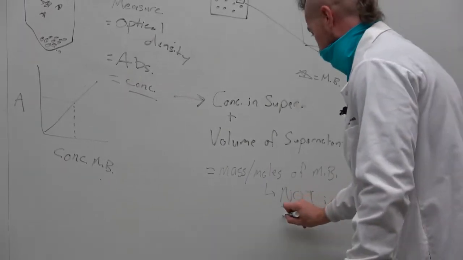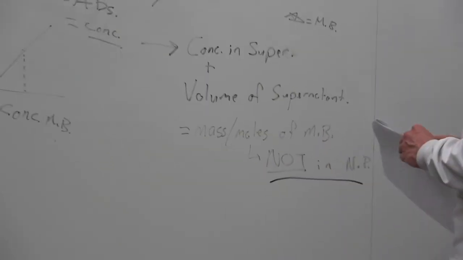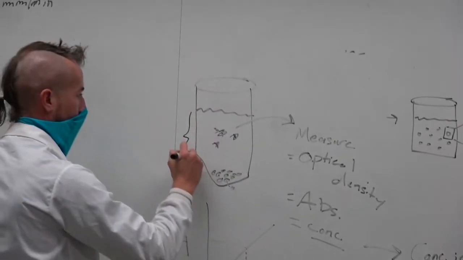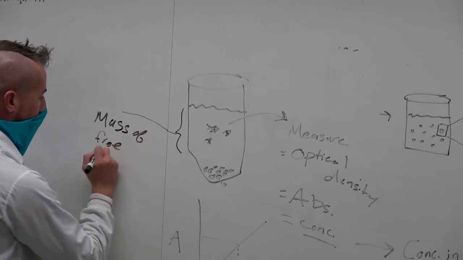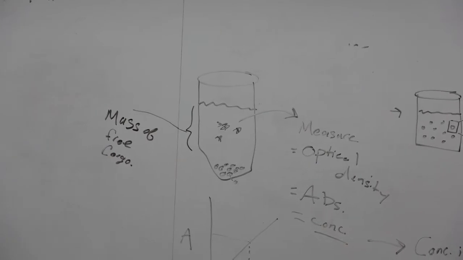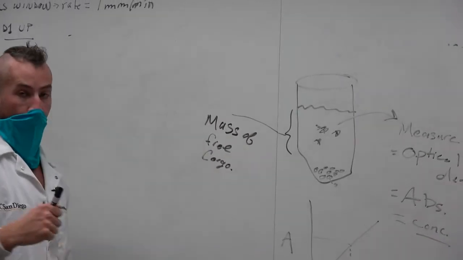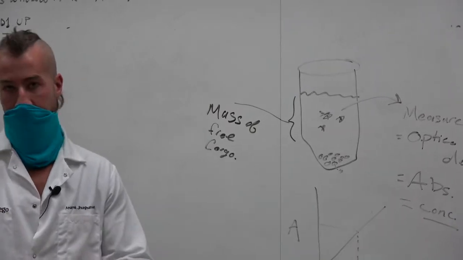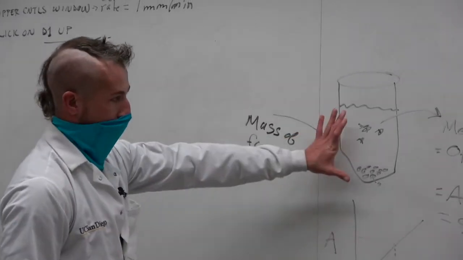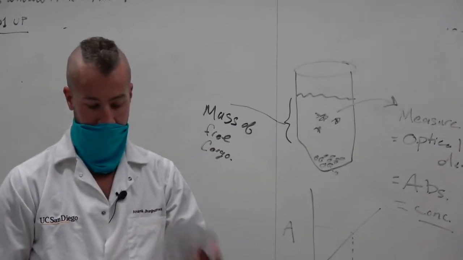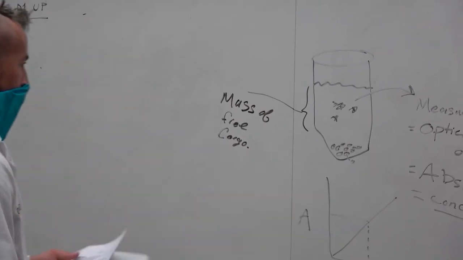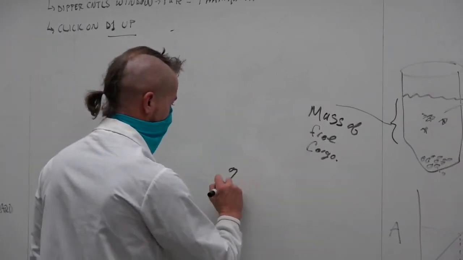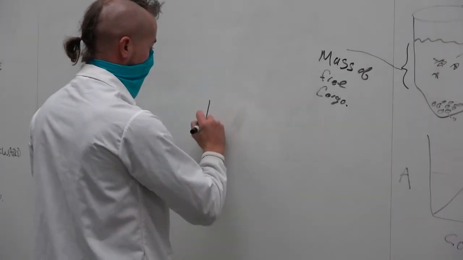This is a key point. You're determining the mass of free cargo. And therefore, also knowing how much cargo, or how much methylene blue or how much drug you started with way back at the beginning in steps 1 and 2, you can determine what's known as the loading efficiency.